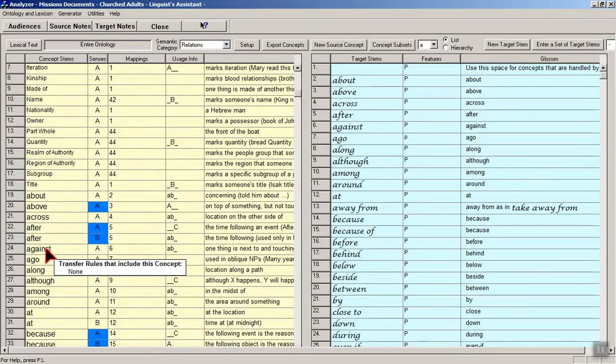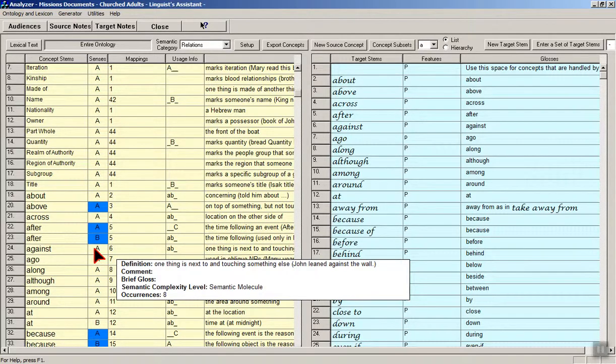So here I see against. So I would normally think that that meant like David is fighting against the Philistines, or the Pharisees were against Jesus. But actually, if you look at the definition, if I put the mouse over the letter A, it says one thing is next to and touching something else.